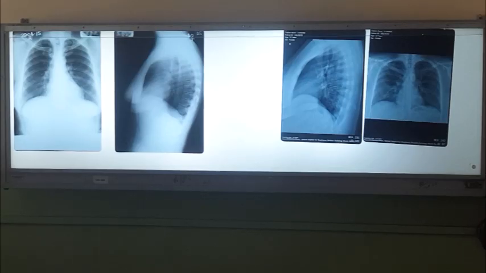Then these chest X-rays are done during deep inspiration. If the patient has not taken a deep inspiration, you will not be able to count more than 5 ribs anteriorly in this position, right? 1, 2, 3, 4, 5, 6. He's touching here, so he has taken a deep breath, right? Supposing the diaphragm is somewhere here at the level of the fourth rib anteriorly, then everything will be crowded.